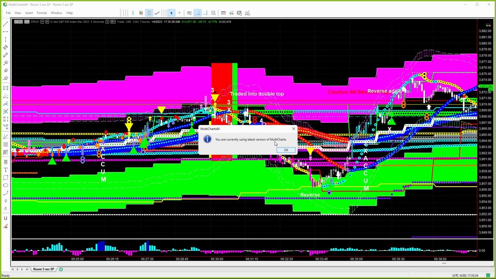Okay, and it'll be in your downloads folder. Once it's downloaded, and it's a relatively big file, it'll take a second. Then at that point, you can go ahead and close multi-charts. Go to your download folder, and double click to execute the file that you just downloaded.